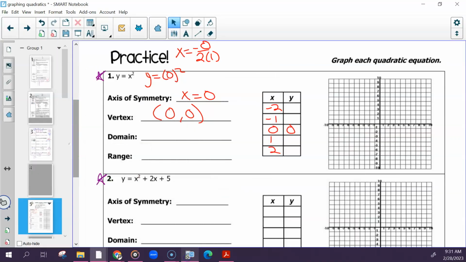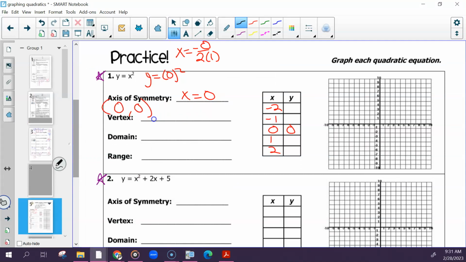And really, once you know half of it, you should know the other half because it just repeats. So those will be the 5 points you're going to graph. Could you graph more than that? Sure. But we just need those 5.